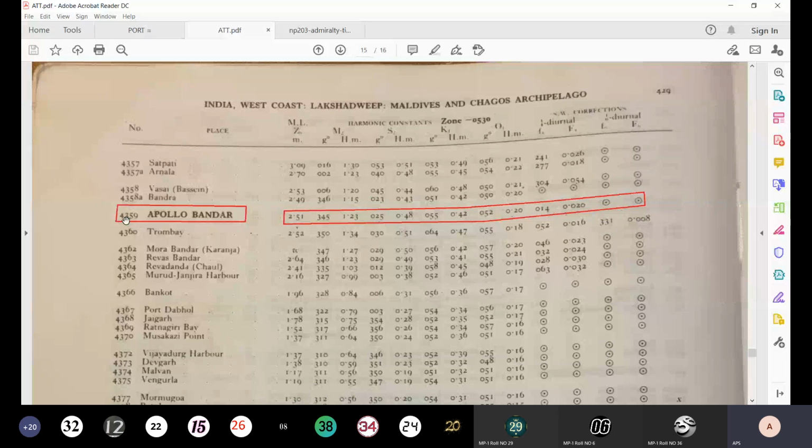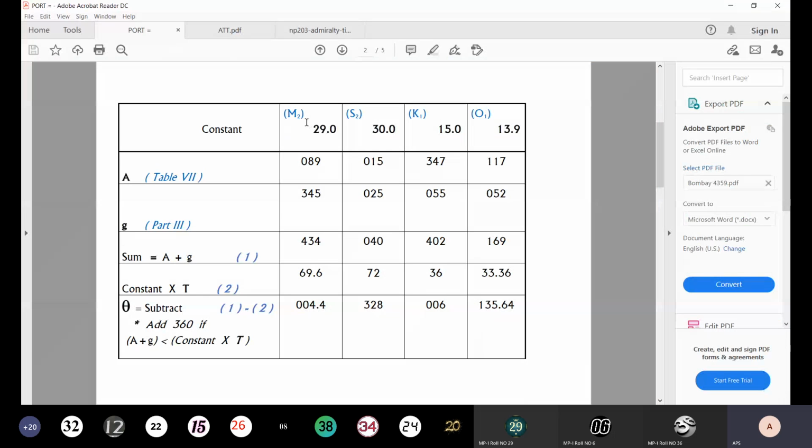So go to that port name, come across and stop here under g. M2 column g value is 345. So start writing here, M2 column g value 345.